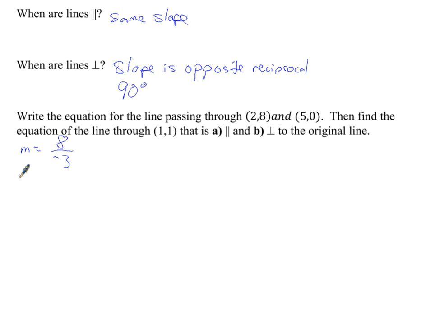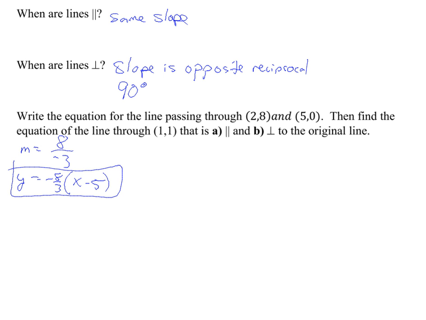We have y minus, which point do you want to use? 5, 0. y minus y1 just turns into y equals our slope, negative 8/3 times x minus 5. Is that an equation for the line passing through those 2 points? Yep. Didn't say slope-intercept form, so that's good. You might put it in slope-intercept form down the road, but you don't have to here.